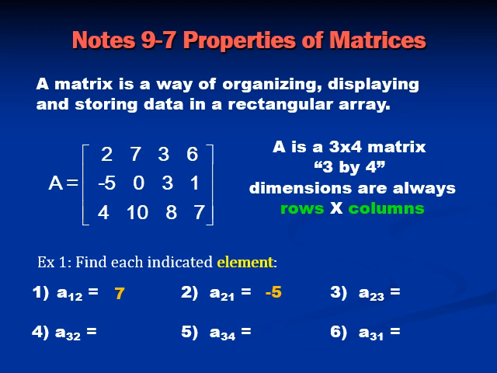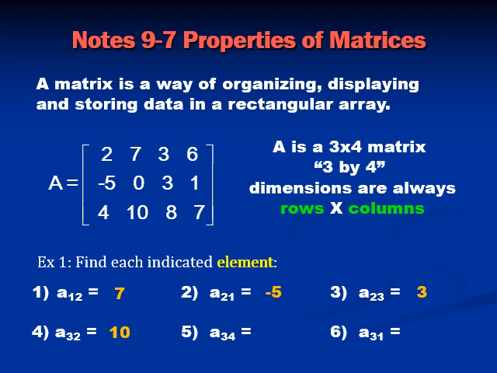Now a sub 2, 3, that's going to be the second row, third column, so that should be 3. a 3, 2 is clearly different than a 2, 3. Well, it could be the same, but in this case, it's different. It's the third row, second column, so that should be 10.